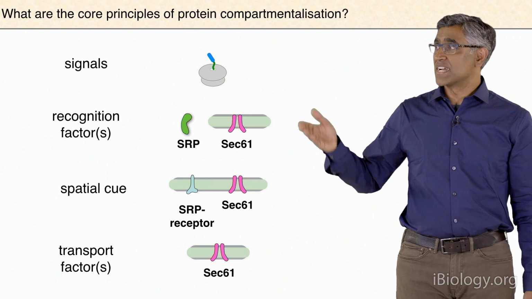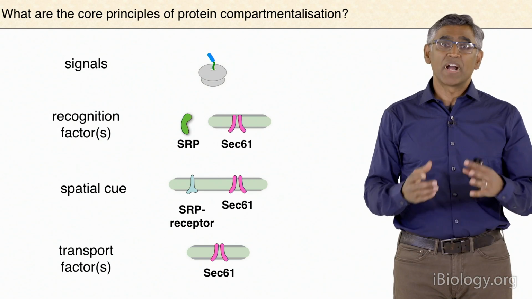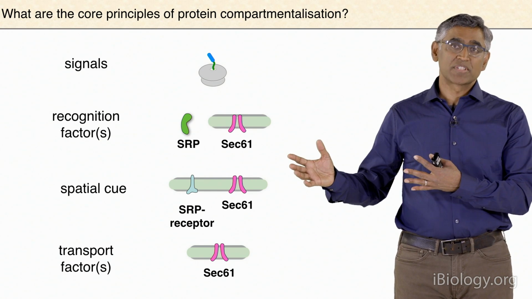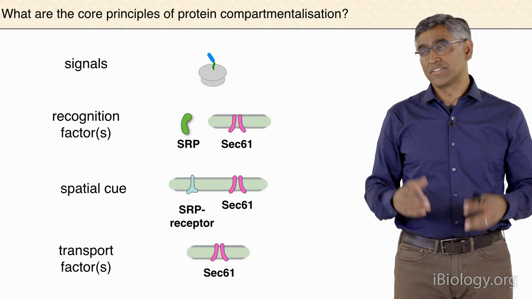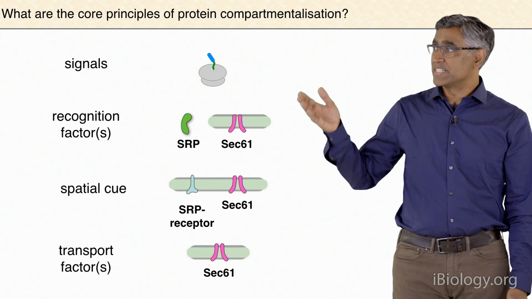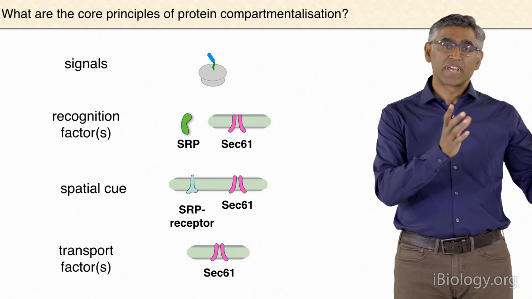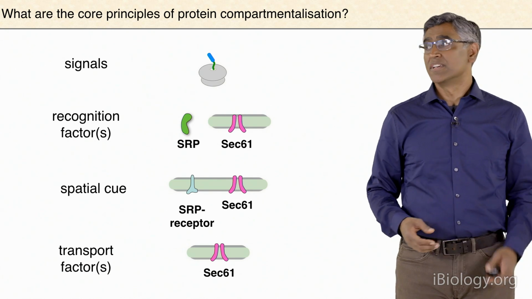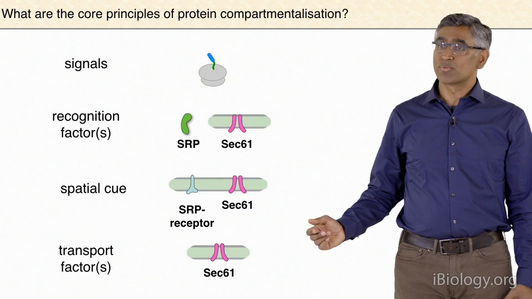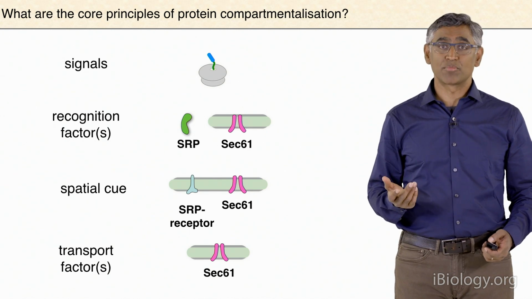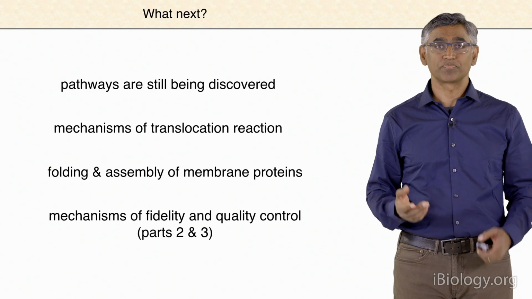And so it turns out that these basic features are found in transport systems to the mitochondria and other organelles. And so the basic ideas developed from primarily biochemical analysis, which then meshed very well with genetic studies, has led to a framework in which one can understand how proteins get to different parts of the cell.